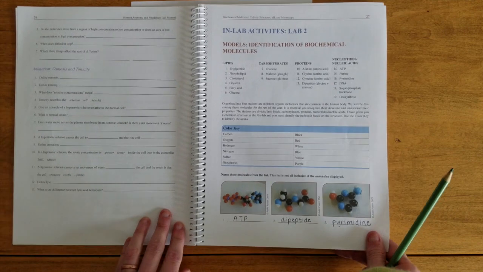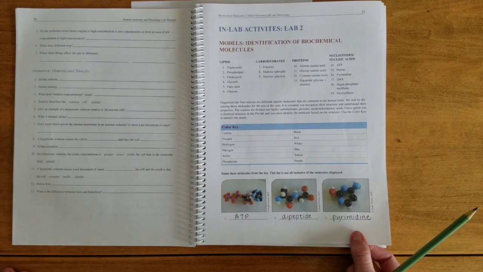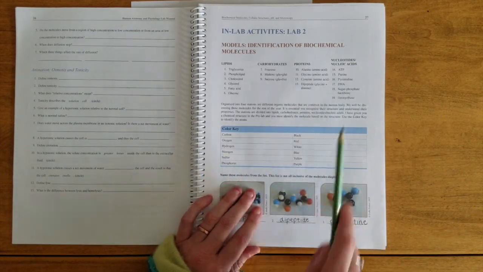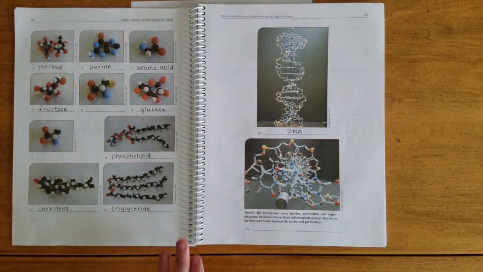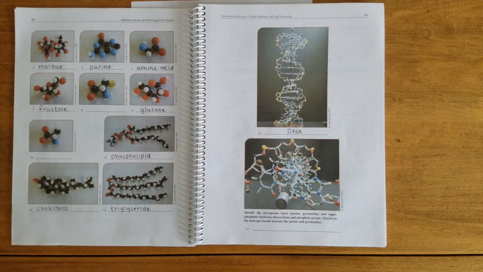So let's look over at our 3D molecules, or models. Looks like DNA is the only one over here as well. So here is our DNA. Notice how it twists. It's a double helix.